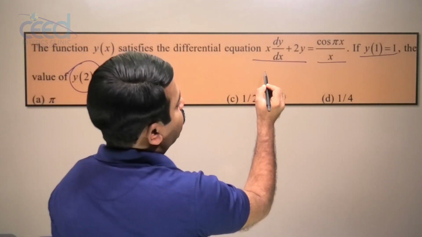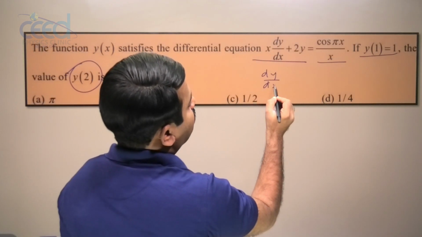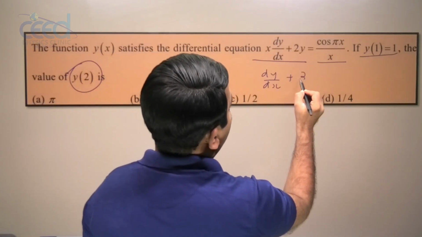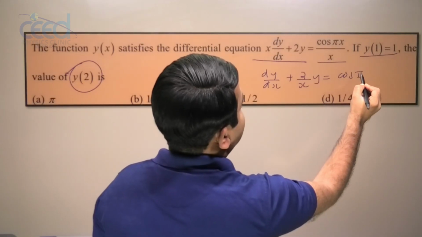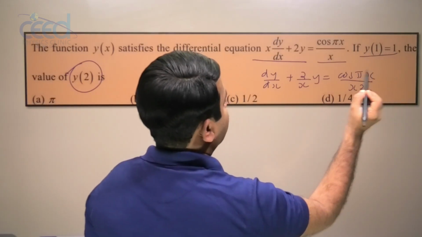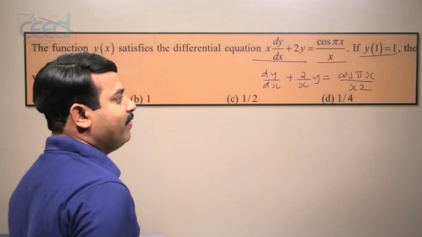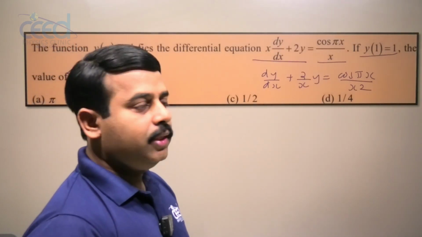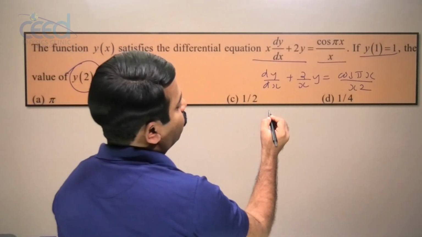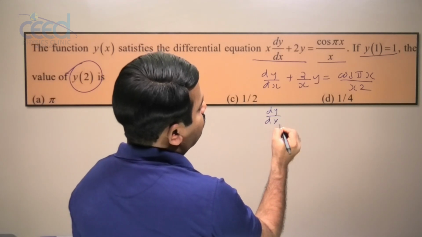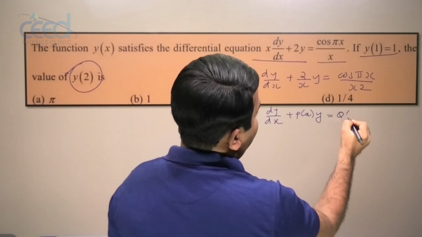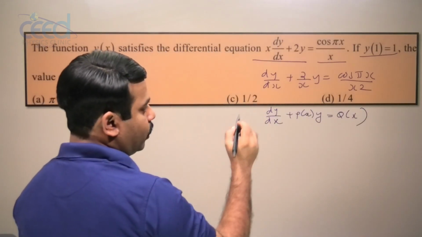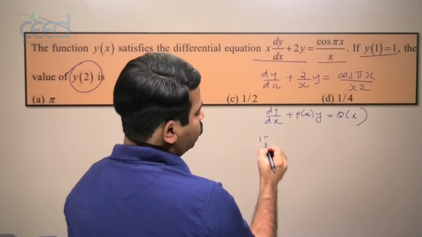This also you can write as dy by dx plus 2 by x into y equal to cos pi x divided by x square, first dividing throughout by x. Now look here, this is in the format dy by dx plus p of x into y equal to q of x. Now when an equation like this is given, what is the solution?